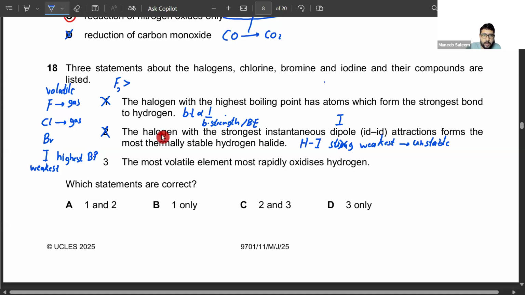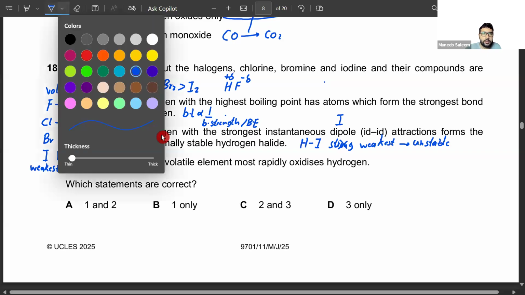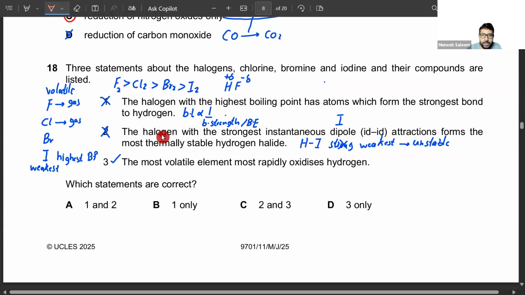Fluorine is a stronger oxidizing agent than chlorine, which is more oxidizing than bromine, which is more oxidizing than iodine. Fluorine, being the strongest oxidizing agent, will easily oxidize hydrogen to make HF. Within the HF molecule, hydrogen has a delta positive charge and fluorine has a delta negative charge. So it oxidizes the hydrogen. Only the third statement is the correct one. That means the correct option becomes D.